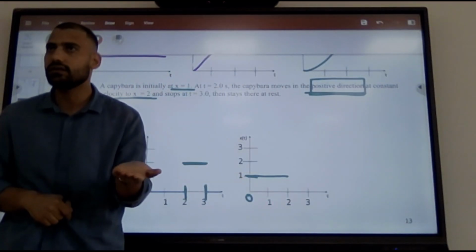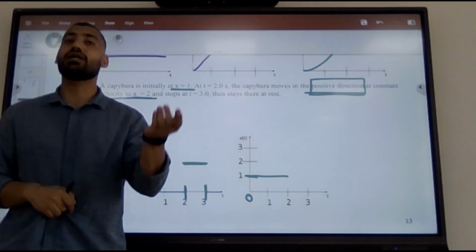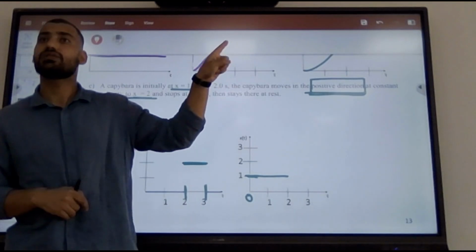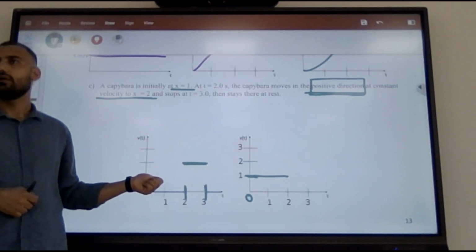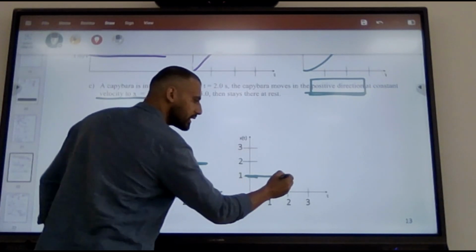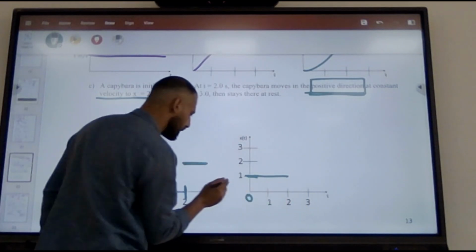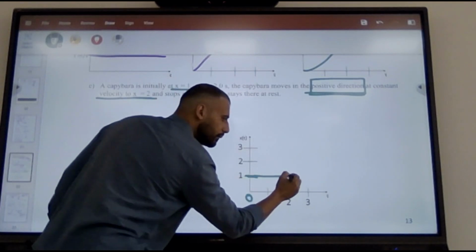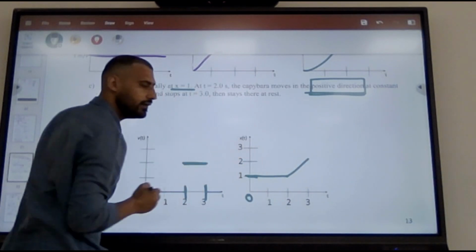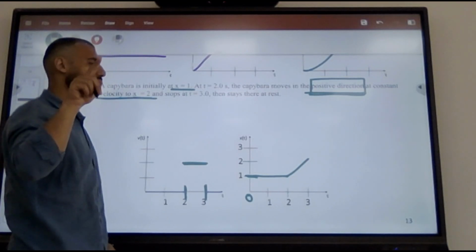It will also be constant, isn't it? But constant slope means a straight line. And is it positive or negative? It's positive. So from 2 seconds to 3 seconds, the velocity-time graph will be like this, but its displacement-time graph will be like this. Is that fine? But again, you have to understand.